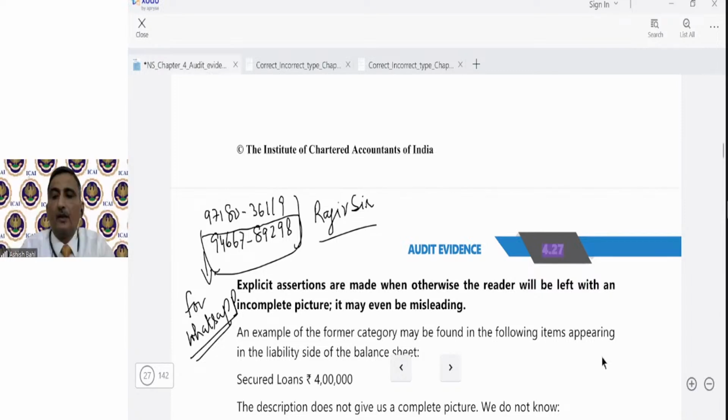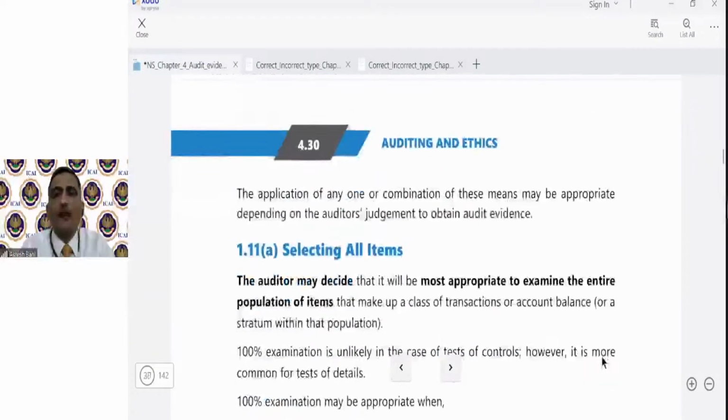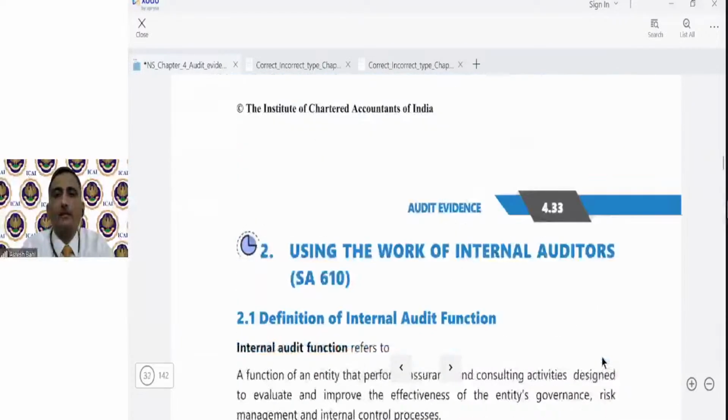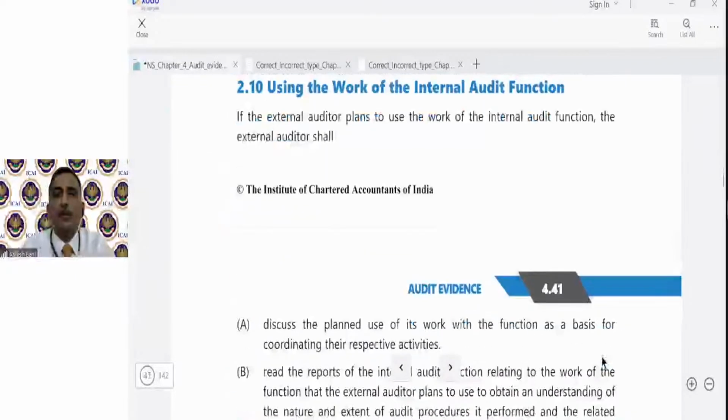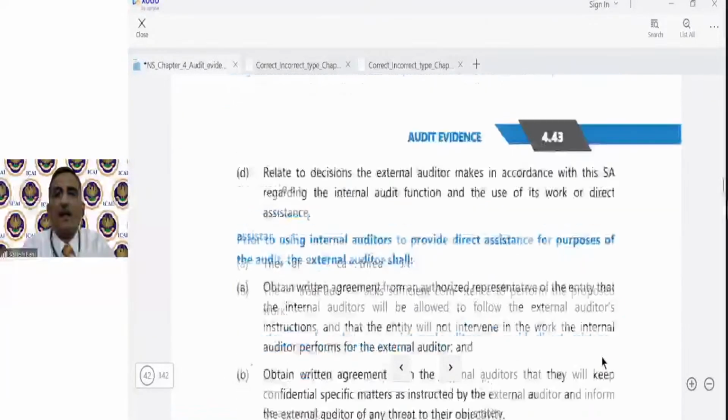So now students, we shall be moving to SA 501.